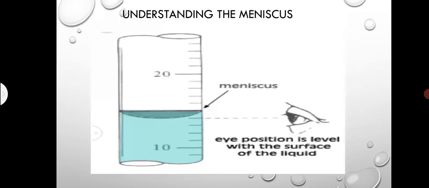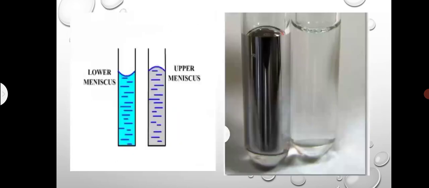So in this way we can understand the meniscus, that your eye position is level with the surface of the liquid, and easily we can read the bottom reading of the meniscus. That would be the correct reading. Now there are two types of meniscus: lower meniscus and upper meniscus.